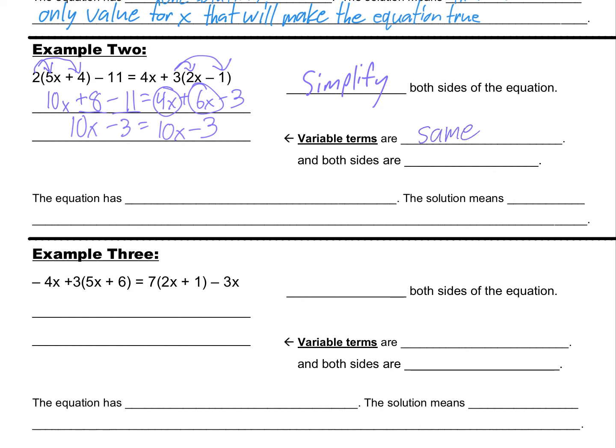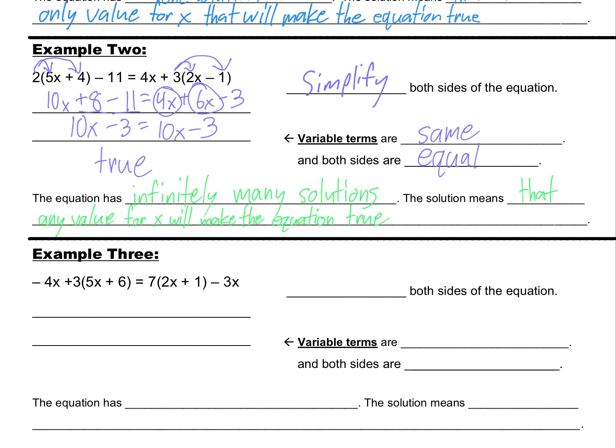They're both 10x. We also notice that the constants are both minus 3. So both sides are equal and the equation is always true. This equation has infinitely many solutions. This type of solution means that any value for x will make the equation true.